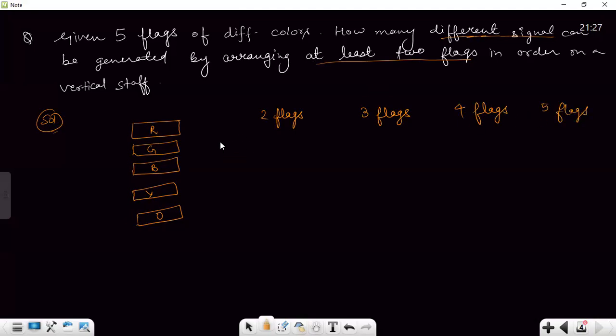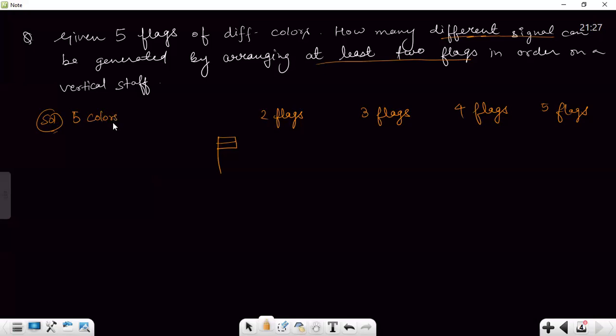In the 2 flag scenario, we have 5 different colors. We have only one flag of each color, so we cannot repeat.